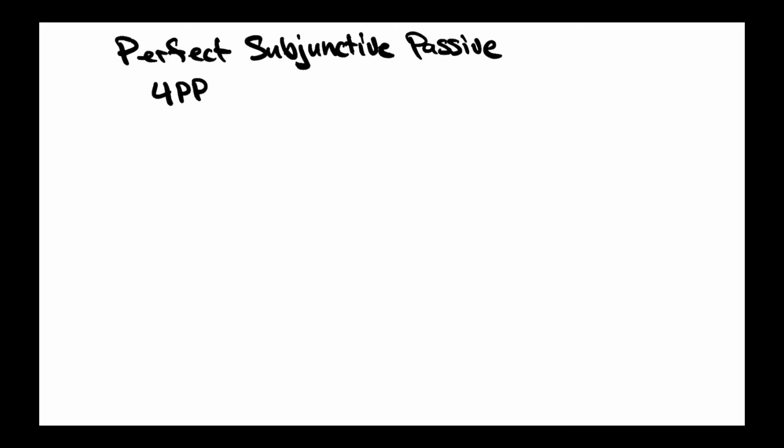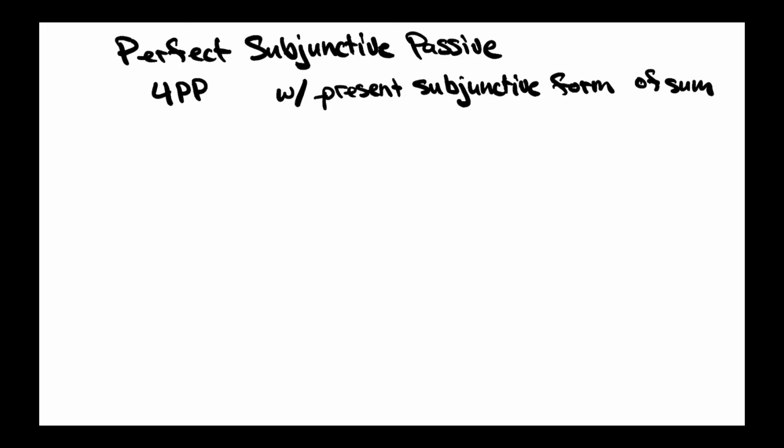So you let that stand alone as its own word, like you would in the indicative, and you put with it the present subjunctive form of sum. So the only difference here is that for the perfect subjunctive passive, you're using the subjunctive form of sum rather than the indicative form of sum. That's it. And so we'll go ahead and write those out then.